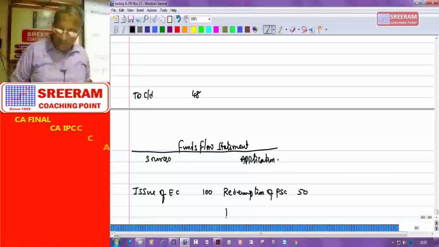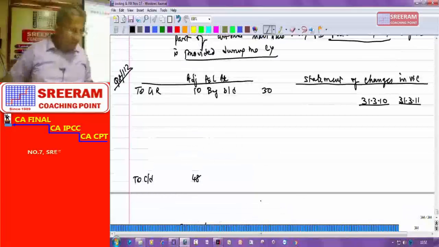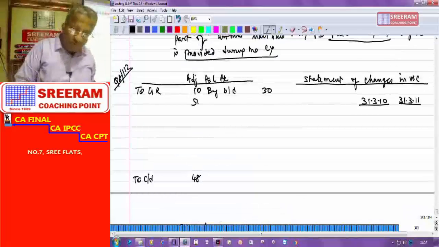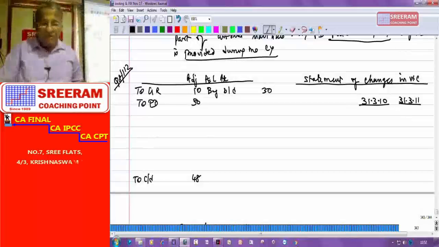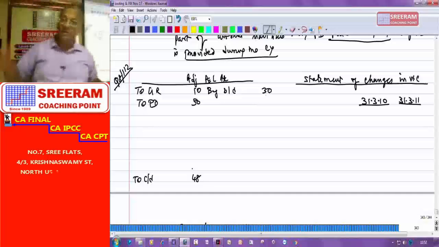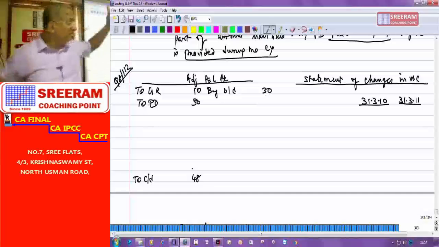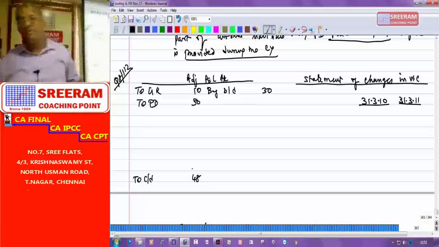So proposed dividend for 31/3/10, how much? 42. The closing, how much? Proposed dividend 50. Like how in adjusted P&L account we have taken opening balance and closing balance, in the same way the opening one we have taken in fund flow statement on the application side, and the closing balance is taken in adjusted P&L account.